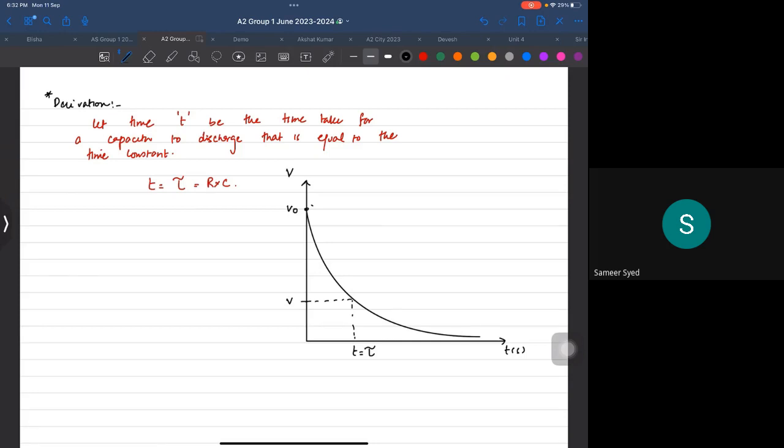Now, when I write the equation, it's going to be V equals V naught e to the minus t over RC. I can divide V over V naught like this, and it will be e to the minus t over RC. And then I can simply write RC instead of t, and there's RC underneath as well, so it would be like this. I basically just put t equal to RC like that.